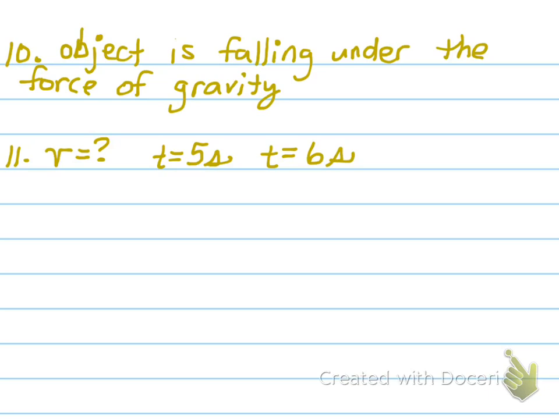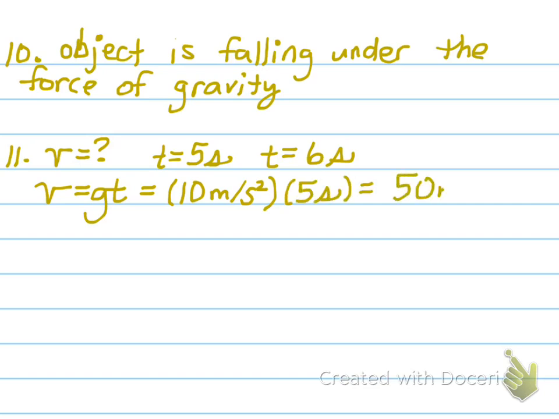When I am in free fall, my velocity, I have an equation for that. The velocity is gt. So g is our acceleration due to gravity, which is 10 meters per second squared, times our 5 seconds, gives us 50 meters per second, and it would be downward.